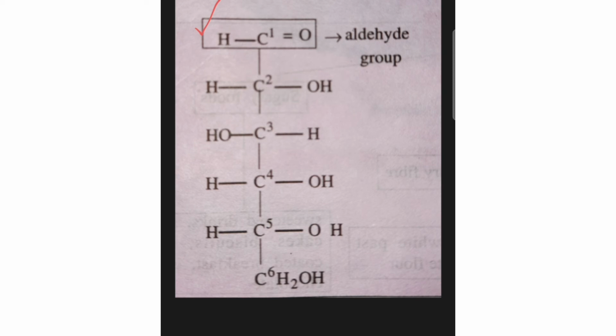Fehling's reagent is usually blue in color, and if it acts on glucose, then it becomes orangish red. Tollens' reagent is also bluish in color and it becomes brick red after acting on these reducing sugars.